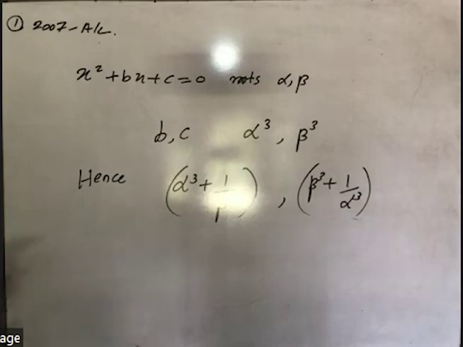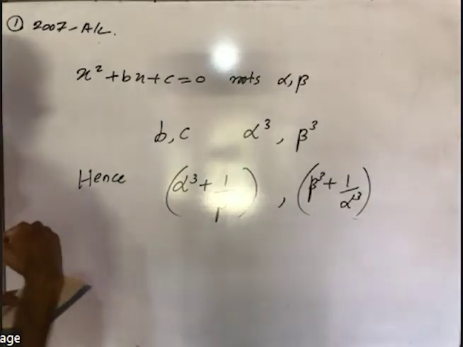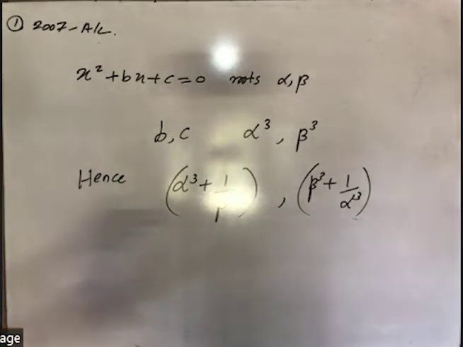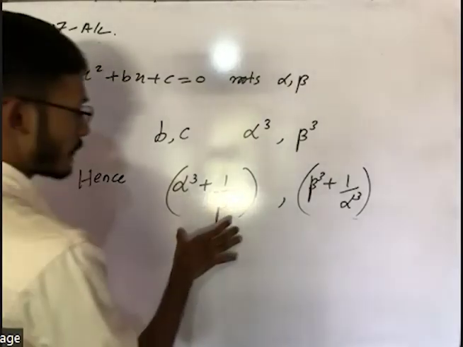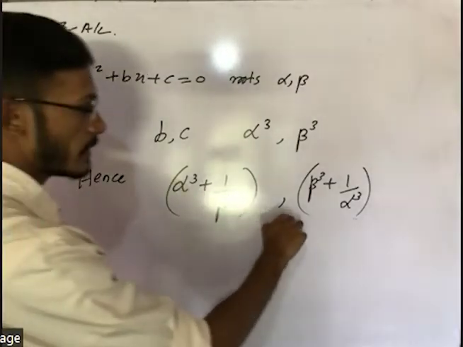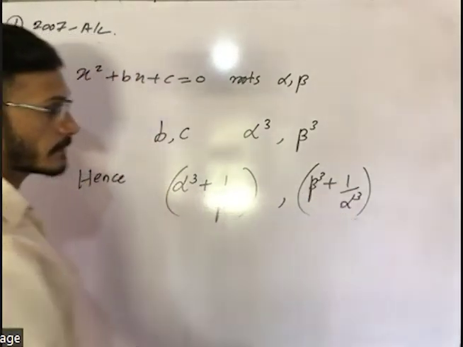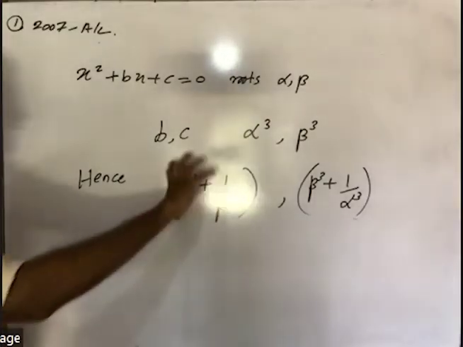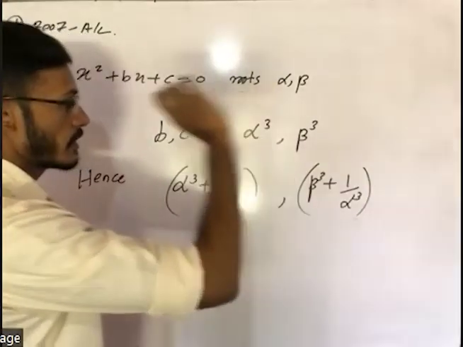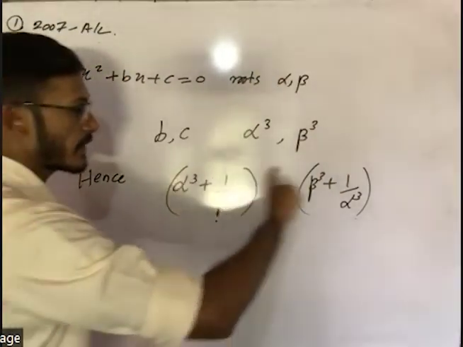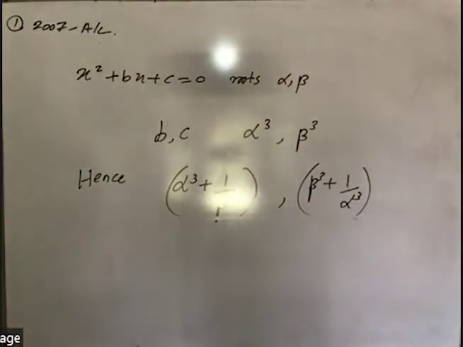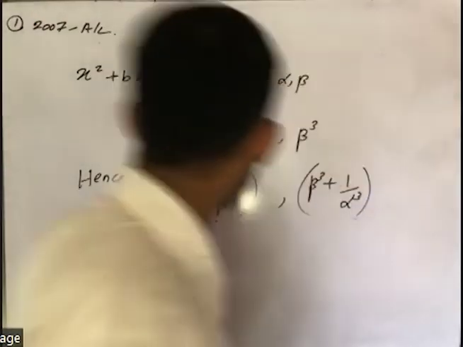Then in the second part they are asking, hence find the quadratic equation. Hence find means you have to derive the quadratic equation of the roots alpha to the power 3 plus 1 over beta to the power 3, comma, beta to the power 3 plus 1 over alpha to the power 3. So you have to derive the quadratic equation with these roots. First you have to find the quadratic equation with the first roots, then you have to derive the second part. Right. So the same as the theory part we have done, you can easily do this question.